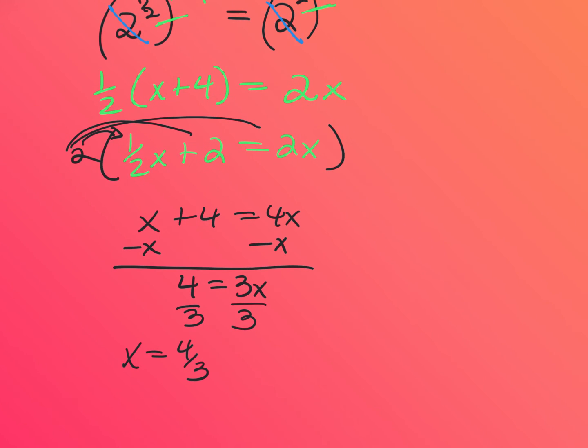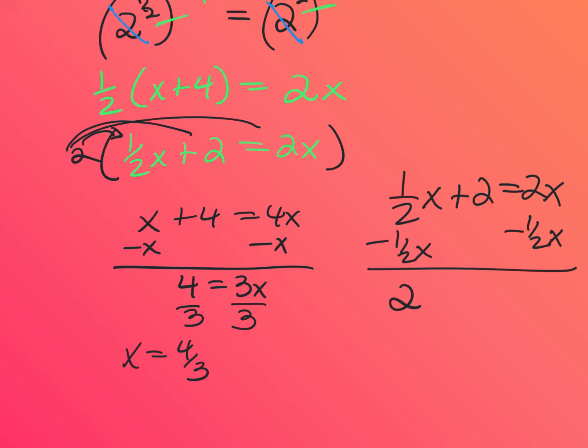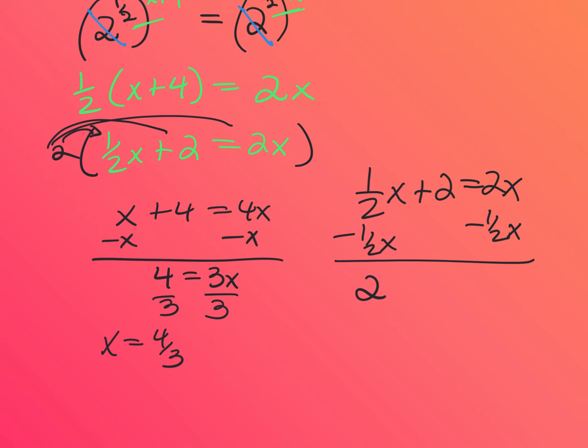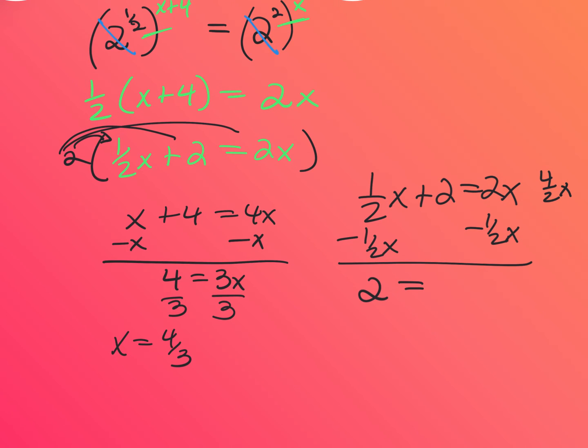Now again, if you would have rather left it as a fraction and subtracted the half, then I can make this a common denominator, make this a 4 over 2x, and then I get 2 equals... did I write the right thing? No, I wrote the right thing.